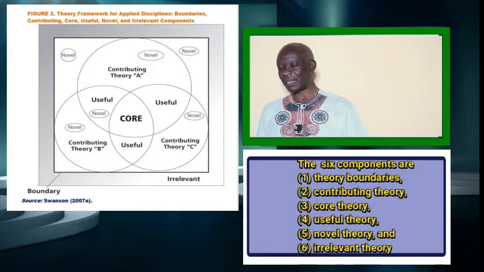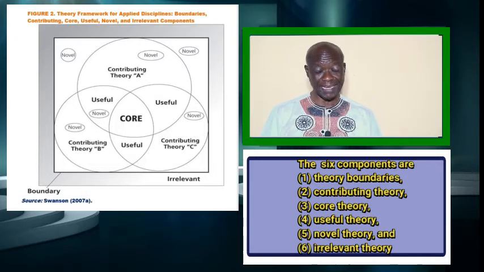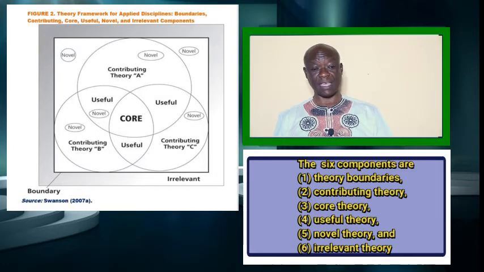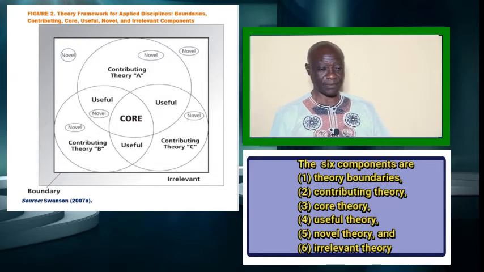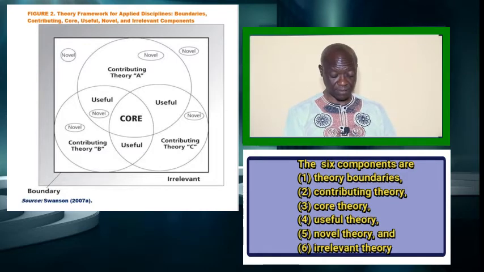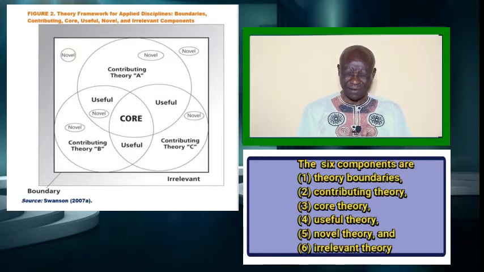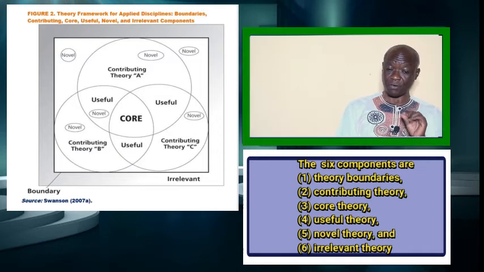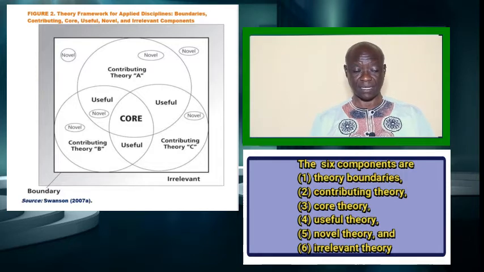It's done by specifying, for instance, the name of the theory, providing the definitions of that particular theory, then providing the purpose along with assumptions or beliefs, and of course later on conceptually framing the theory and practice of the discipline. So when we talk about the boundary, there are a number of things that we must really pay attention to, ladies and gentlemen. A boundary of the theory of an applied discipline, right?